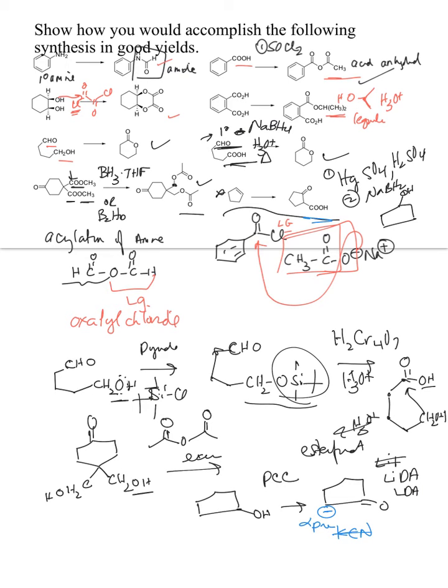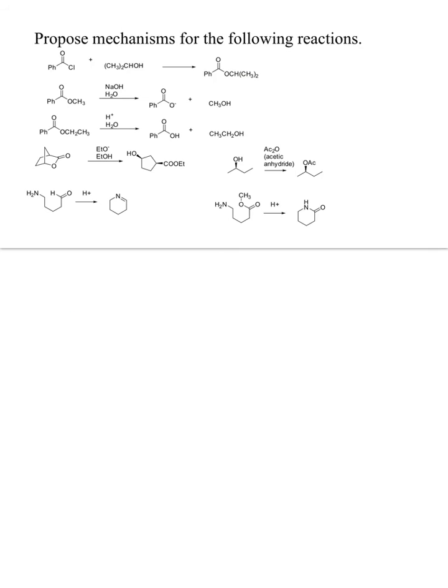No, that's not going to work. How would you put that carboxylic acid there? You probably have to react it with some kind of magnesium Grignard formate. So don't worry about that reaction.